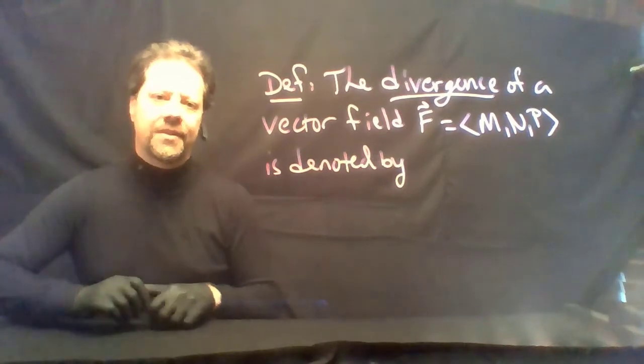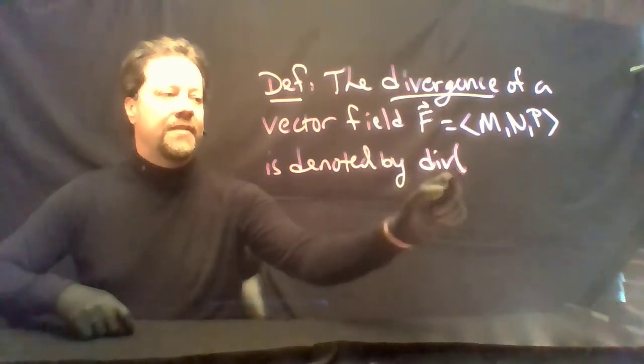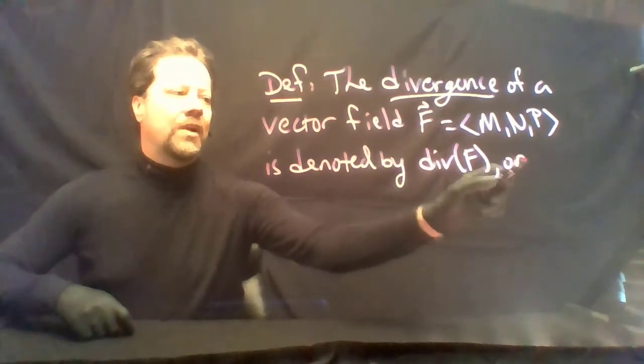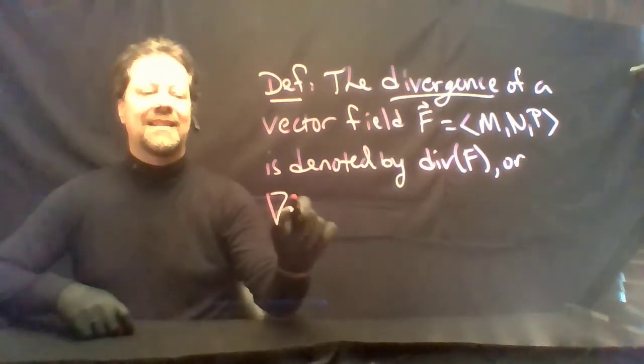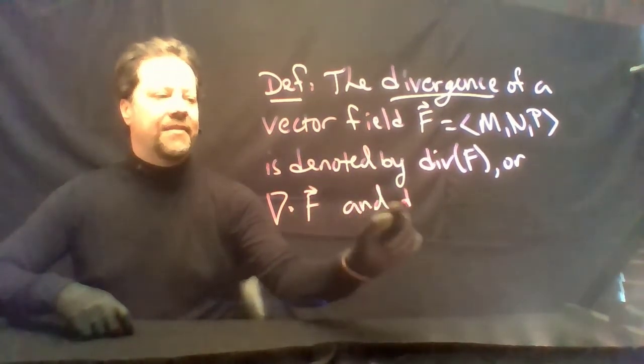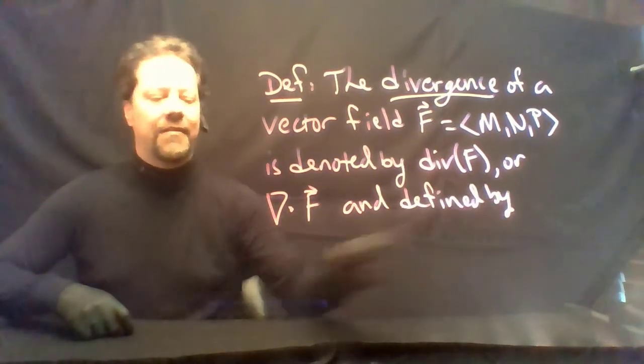The divergence is denoted by either div of f or, more commonly, del dot f, and defined by the following.